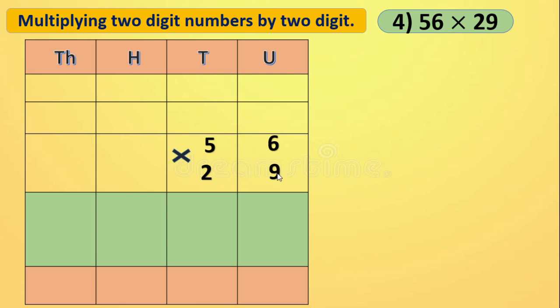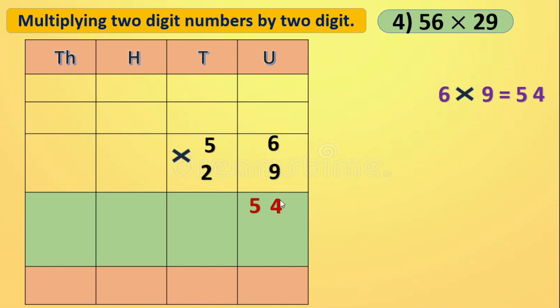Okay. Now first we will multiply 56 by 9. Then we will multiply 56 by 2. Okay. See here, slowly we will go. Now first what we have to do? 9 multiplied by 6. 9 6s are how much? 54. Isn't it? Here we will write 54.